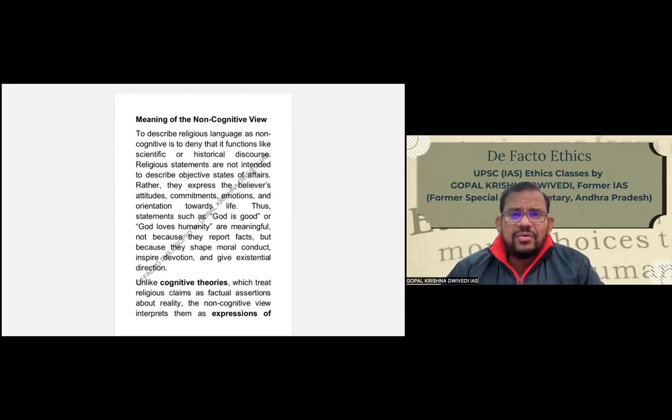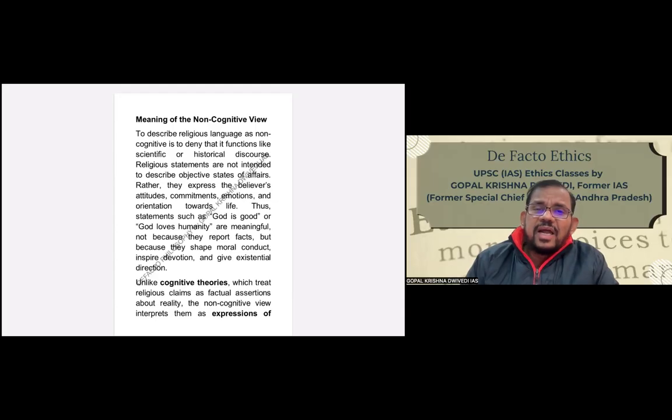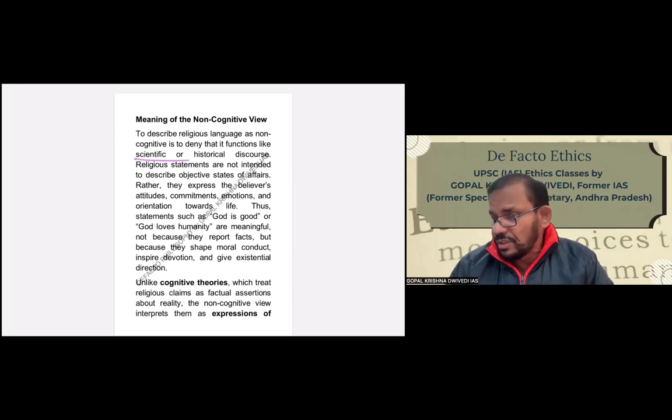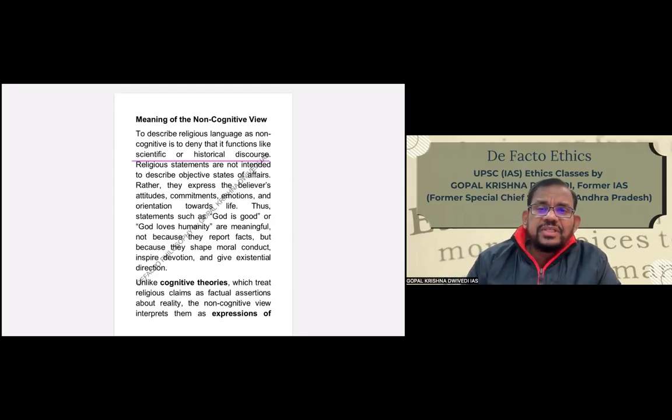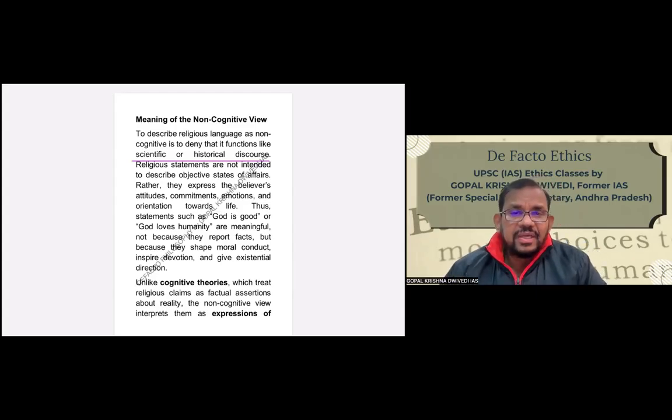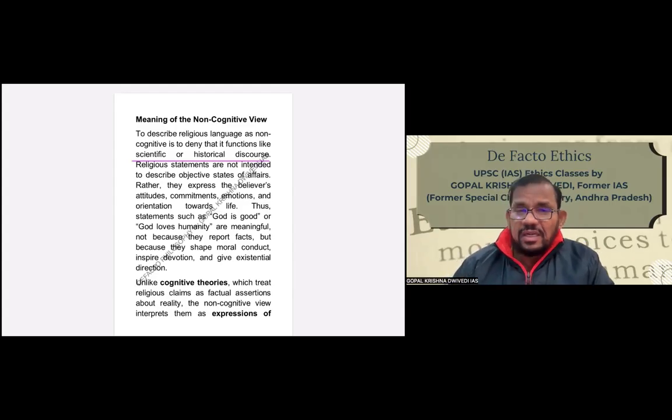Non-cognitive, as I told, is to deny that religious language functions like scientific or historical discourse. Religious statements are not intended to describe objective realities which can be verified. Rather, this language expresses certain attitudes, commitments, emotions, and orientations towards life.